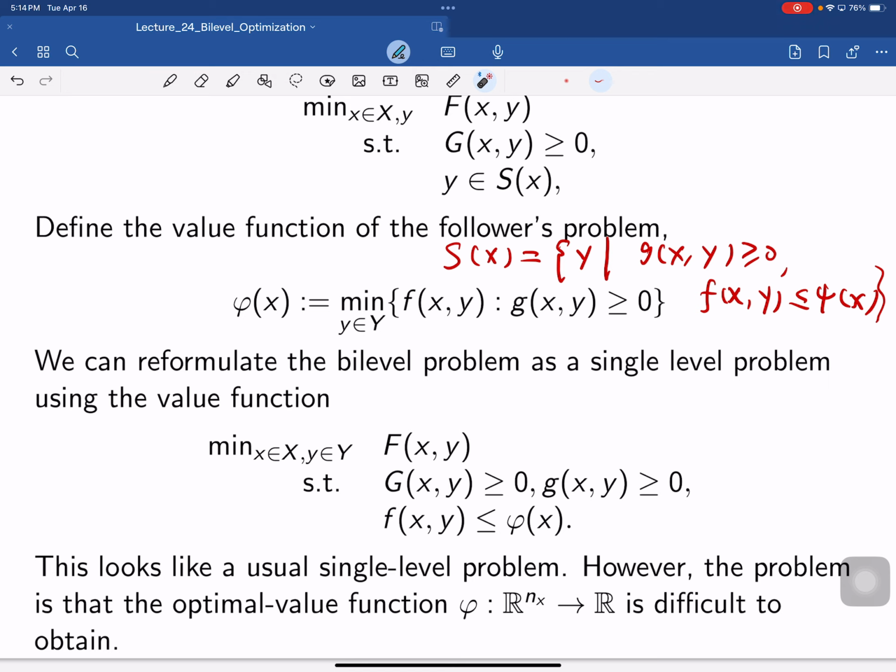It is a super difficult problem, even harder than solving a single instance of an MLP. Think about getting the optimal value of the MLP for a whole set of x. That's a very challenging problem. So in general, this approach won't work unless you have a very simple problem, where you have a closed form description of the value function.